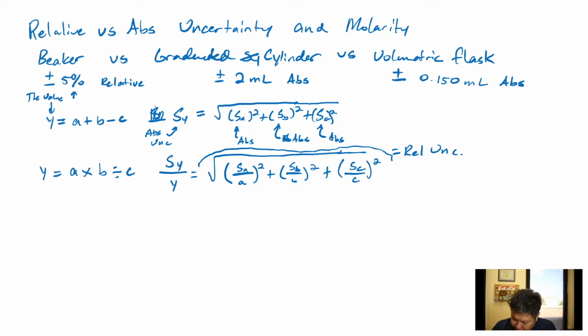So essentially, Sy over Y equals relative uncertainty.